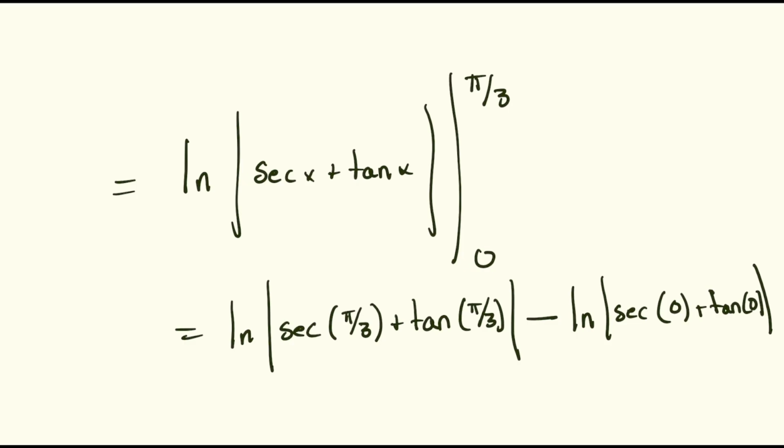As we go through this, secant of pi over 3 is going to be 2. Tangent of pi over 3 is going to be root 3. Secant of 0 is 1. Tangent of 0 is 0.